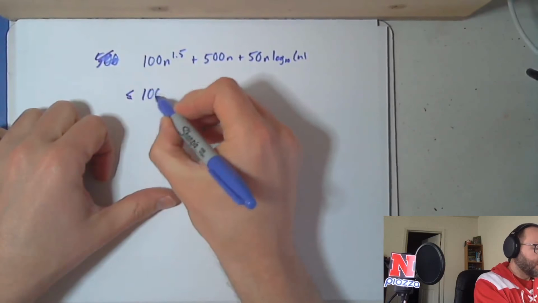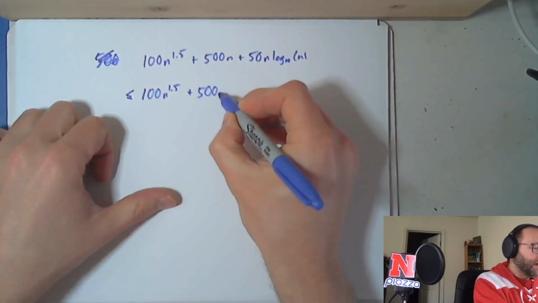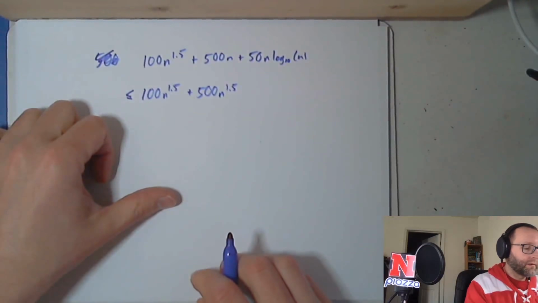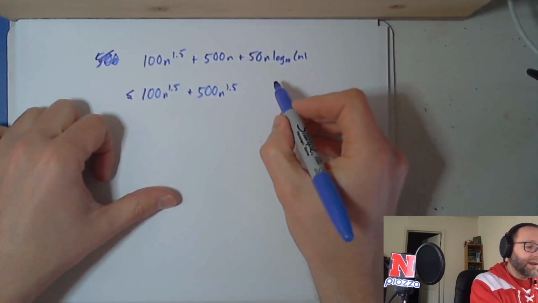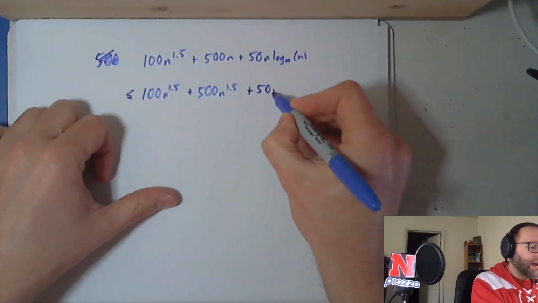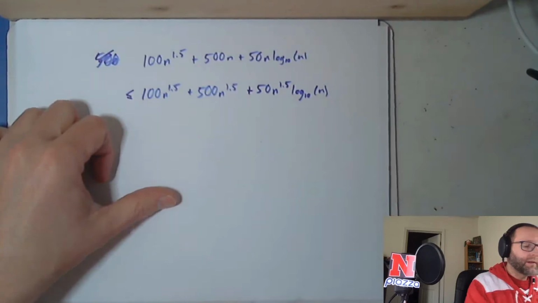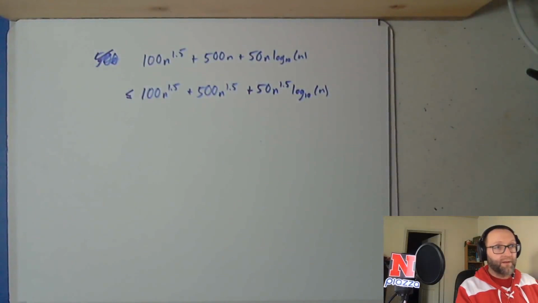So 100 n to the 1.5 plus 500 n to the 1.5. But now you've got to be careful here. If I go all the way up to n to the 1.5 log base 10 of n, then I've done the thing that I illustrated. I've gone too far.